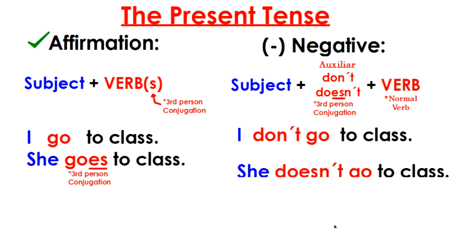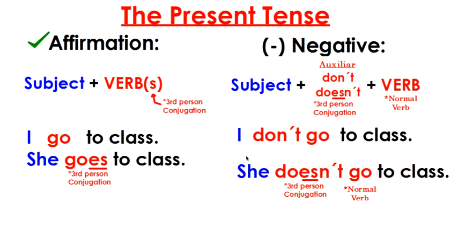And in the negative, remember, we use the subject and the auxiliary don't or doesn't. Remember, doesn't is for the third person conjugation: he, she, and it. Now, we always use the normal verb.